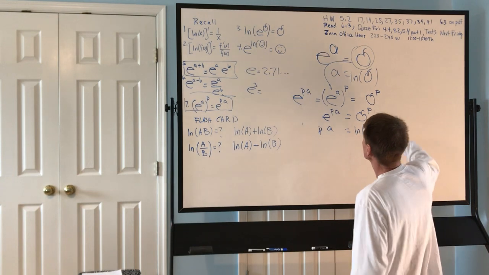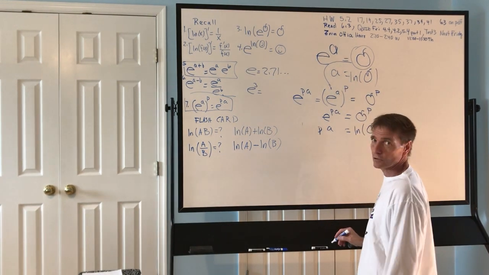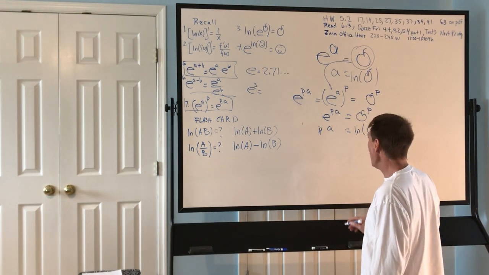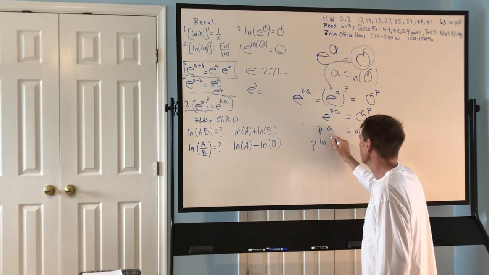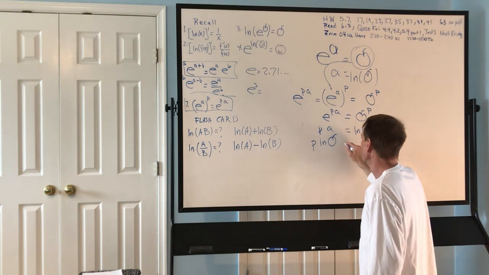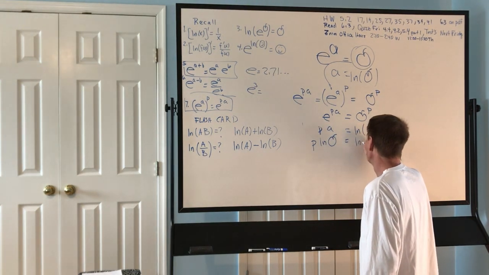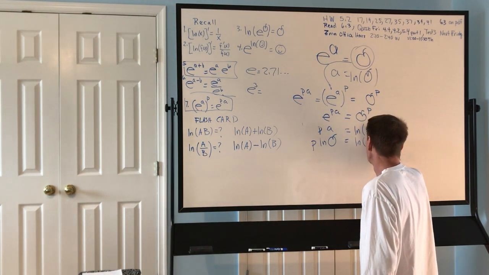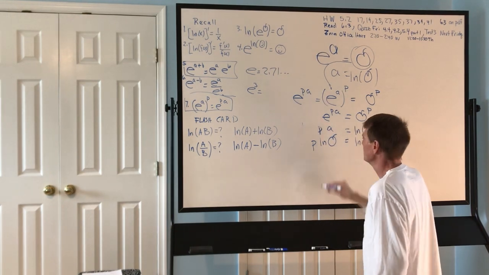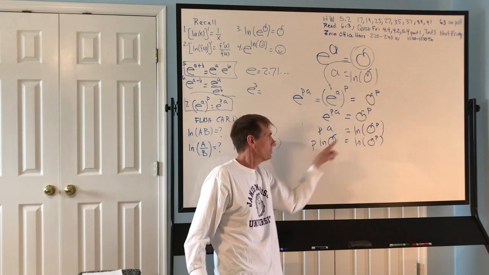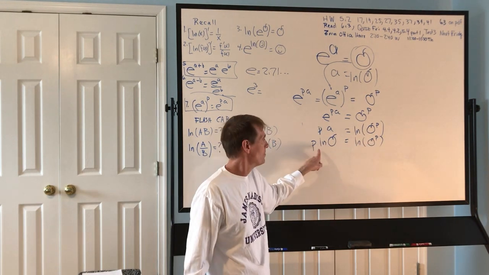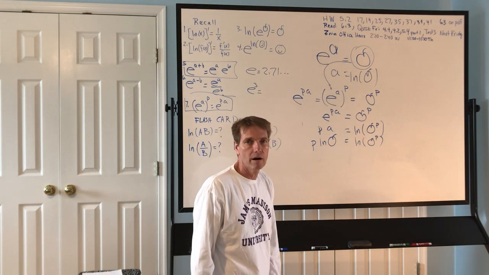But remember, A is equal to the natural log of Apple, so substituting that in here, we get this nice result that the natural log of Apple to the P is equal to P times the natural log of Apple.